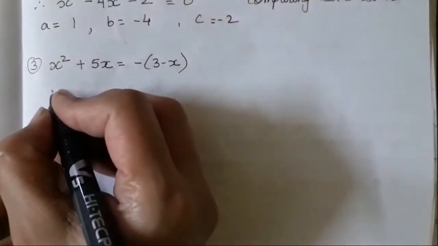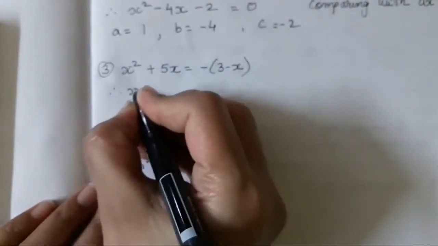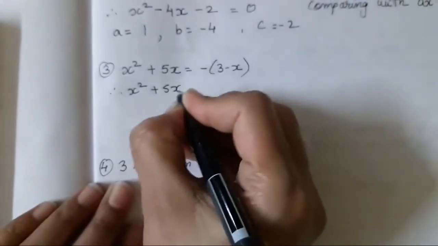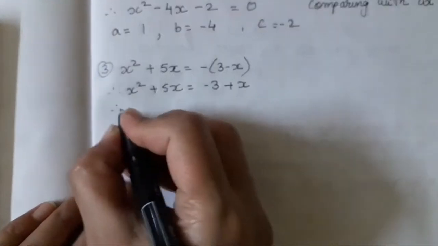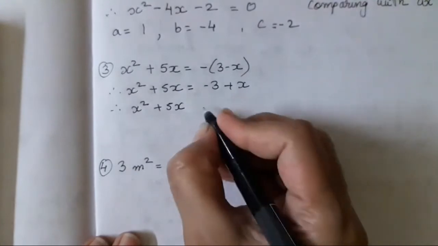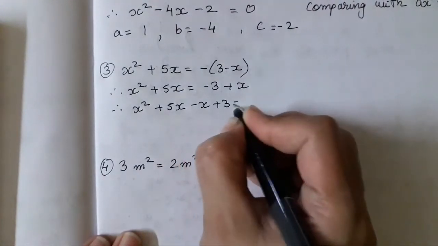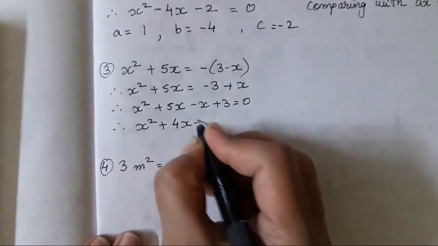The next sum is the third sum. Therefore, x square plus 5x is equal to minus 3 plus x. Therefore, x square plus 5x minus x plus 3 is equal to 0. Therefore, x square plus 4x plus 3.